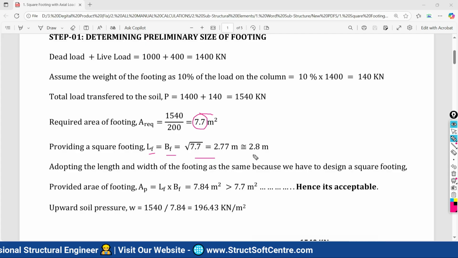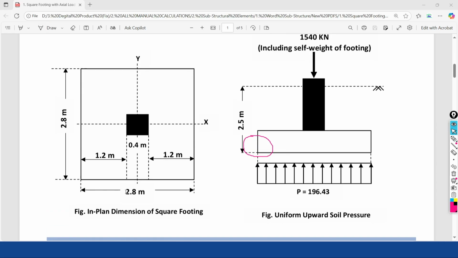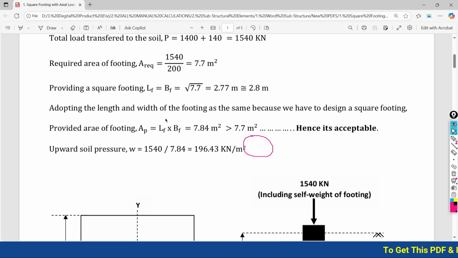For safety we are going to take it as 2.8 meter. So finally we decide the length and width of the footing as 2.8 meter, means your footing is going to become a square footing. Length is 2.8 and width is 2.8, right?